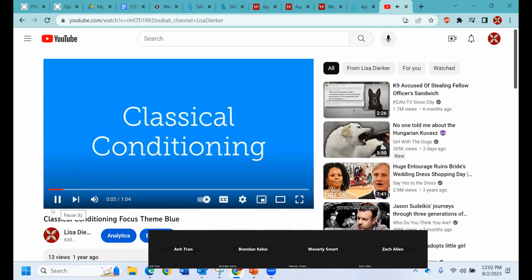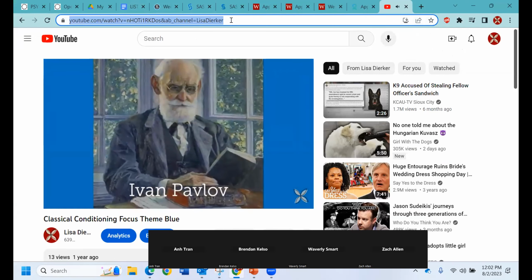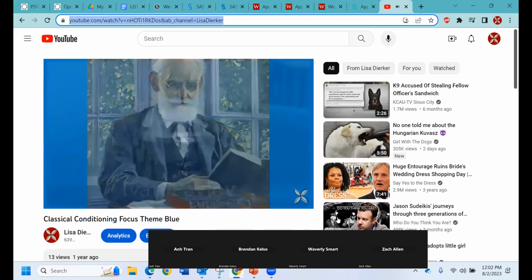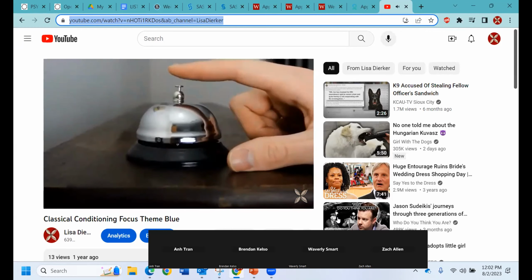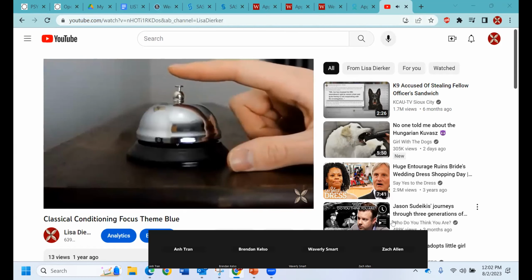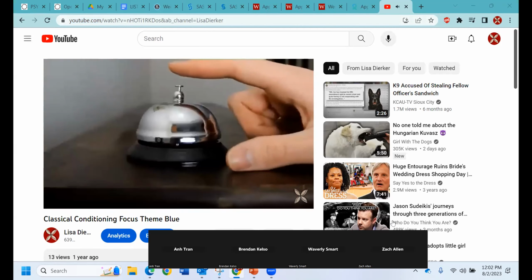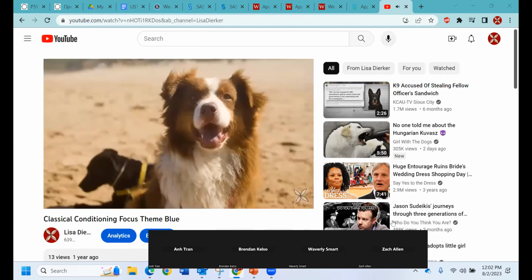Discovery of classical conditioning. A Russian physiologist named Ivan Pavlov rang a bell and then gave a dog some food. After repeating this pairing multiple times, the dog eventually treated the bell as a signal for food and began salivating in anticipation of the treat.